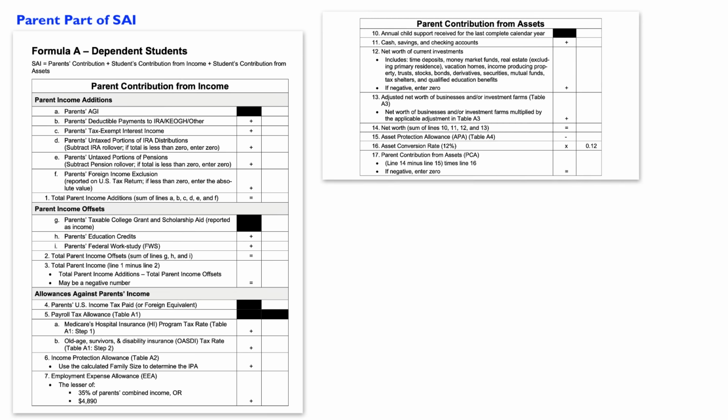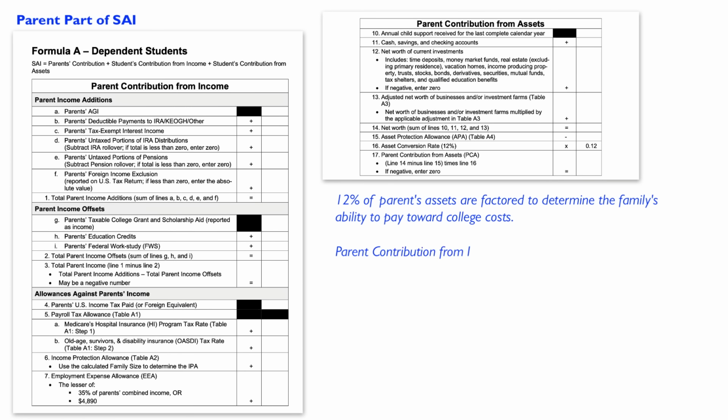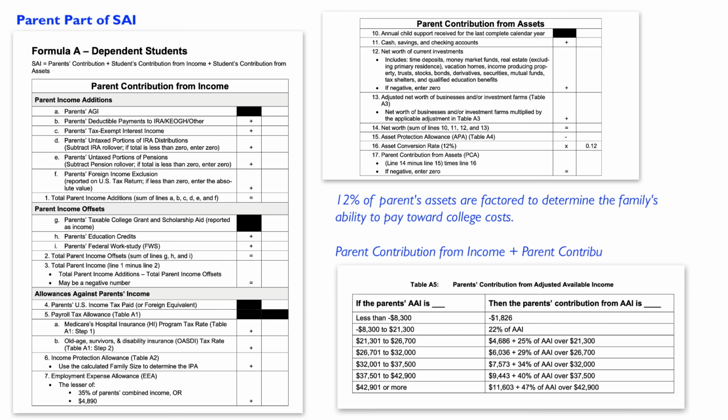The parent assets, after deducting asset protection allowances, are multiplied by 12% to determine the contribution from assets. So basically, 12% of parents' assets count towards what the family is expected to pay for college. Then, parents' income and assets are combined and matched to a table to figure out part of the SAI.